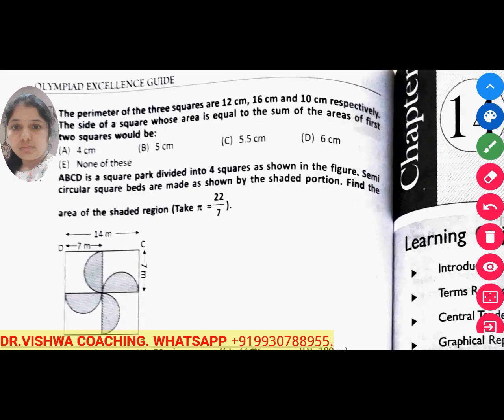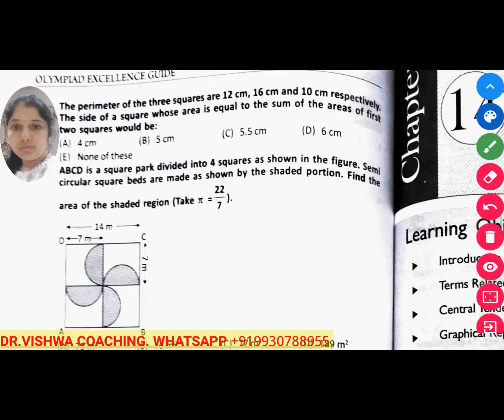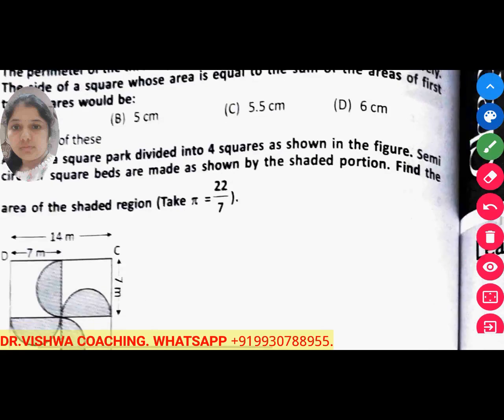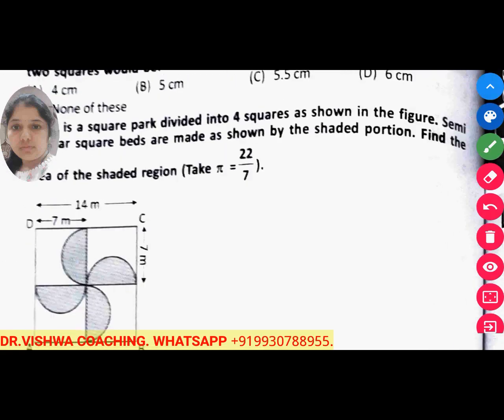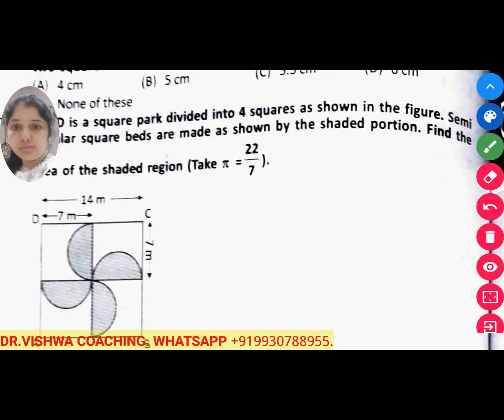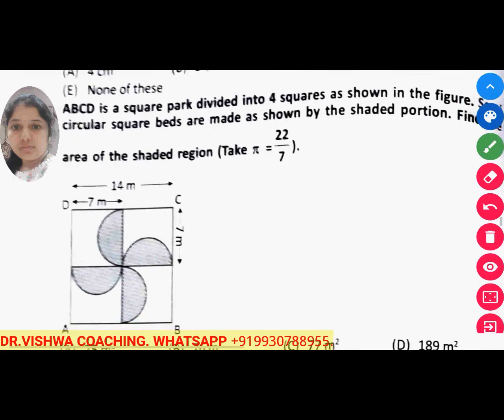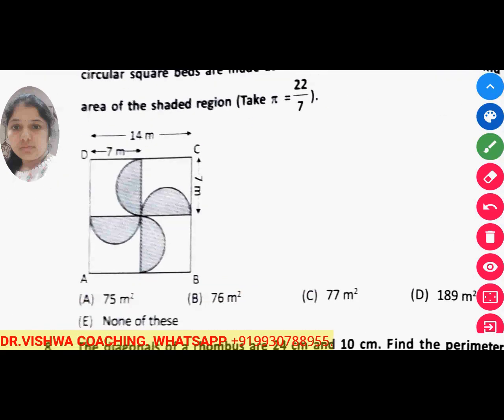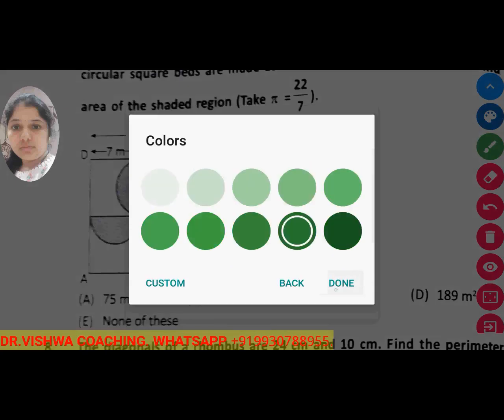Now here in the next question, ABCD is a square park divided into 4 squares. Semicircular flower beds are made as shown in the shaded portion, and we have to find the area of the shaded region. Now see, the given geometrical figure is a square.